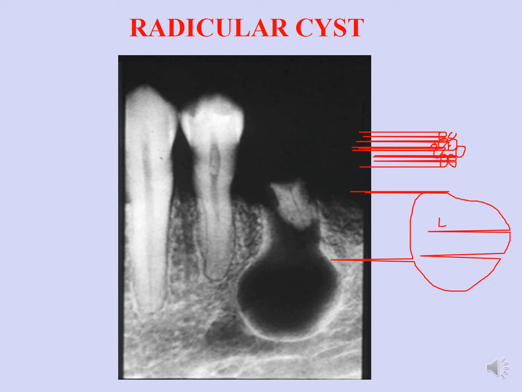This central degeneration actually gives rise to the lumen, right? So this is how the lumen of a cyst is formed.